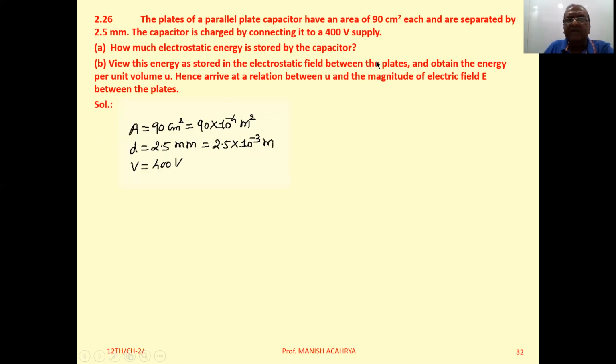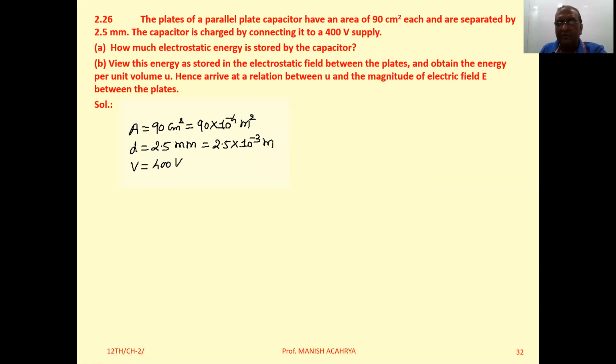Now see, area of the plates given to you is 90 centimeter square, so that is 90 into 10 raised to minus 4 meter square. Separation between two plates is 2.5 millimeter, that is 2.5 into 10 raised to minus 3 meter. And it is charged by a 400-volt supply. Now first we have to calculate the electrostatic energy stored in the capacitor.